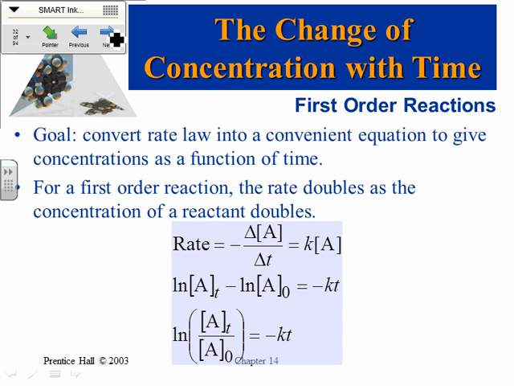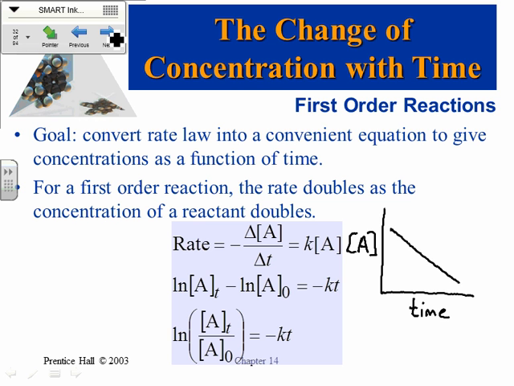So with a zero order reaction, and our strategy on all of these is we're going to measure the concentration over a certain amount of time and see what happens. With a zero order reaction, the concentration has no bearing on the rate whatsoever. So if I have reactant A, and I graph the concentration of A over time, it's just going to be a straight line down.